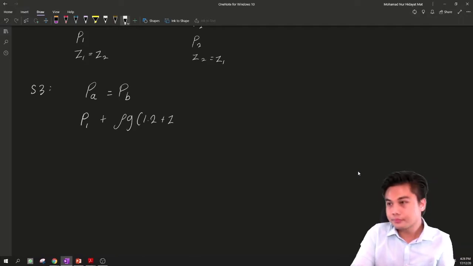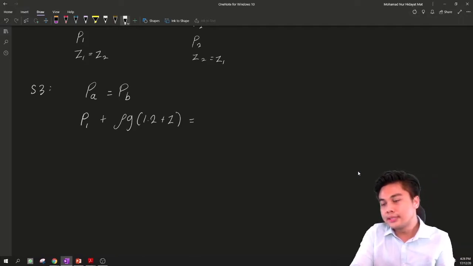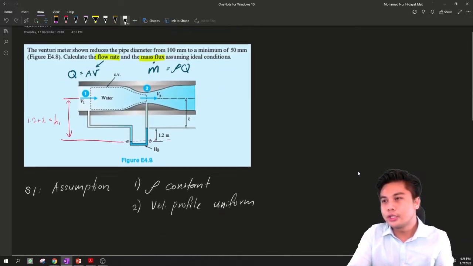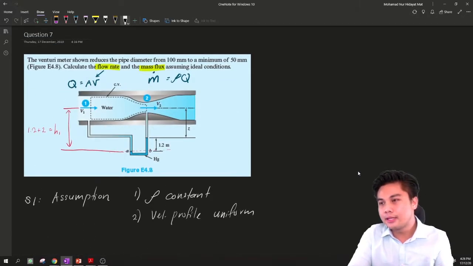This is equal to the pressure at point B. In order to get the pressure at point B, definitely pressure at point 2 plus this height. We need to separate this height because we have different fluid regions. This height refers to the water, and this height refers to the mercury.